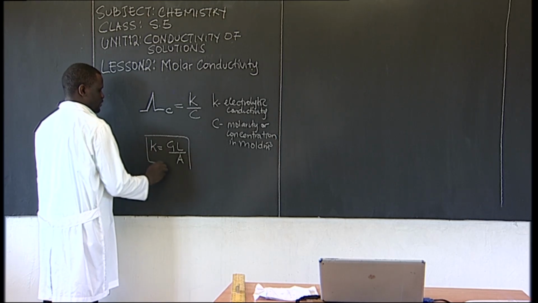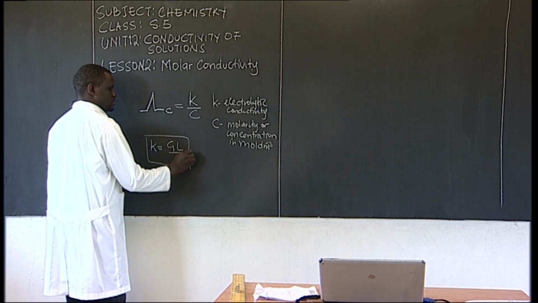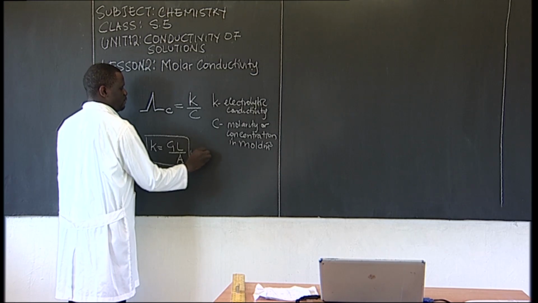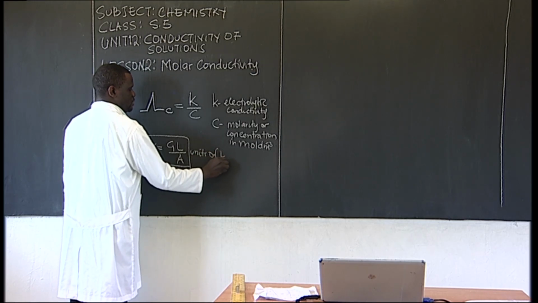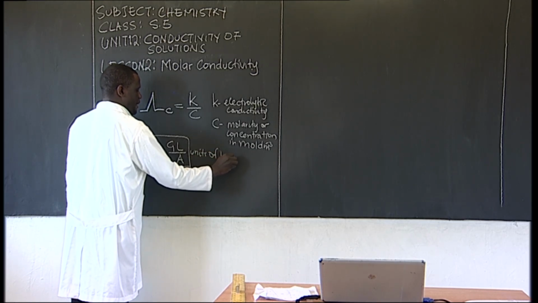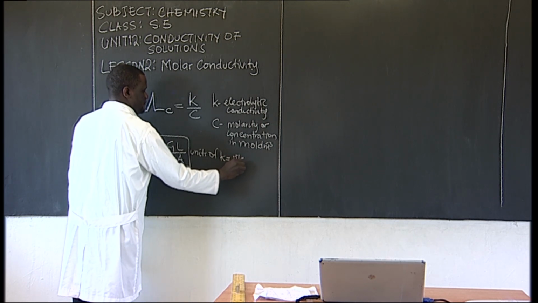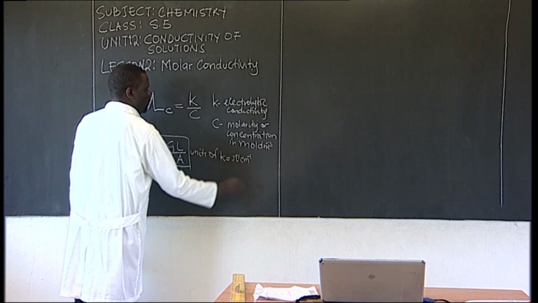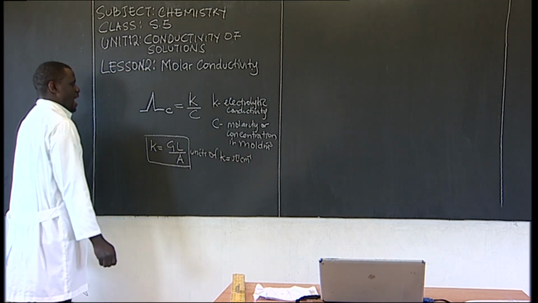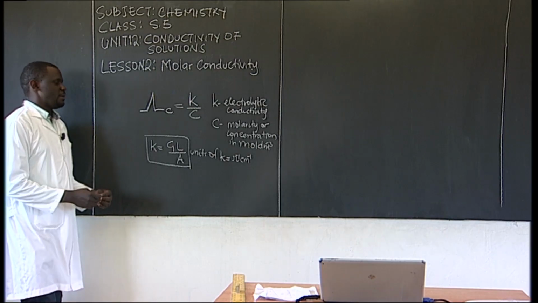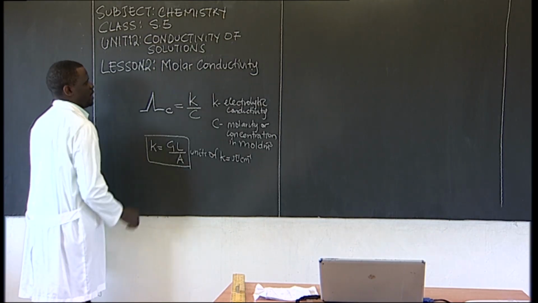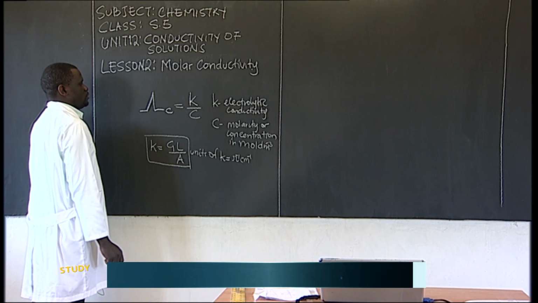And we said the units of K are per ohm per centimeter, or per ohm per meter, or Siemens per meter.